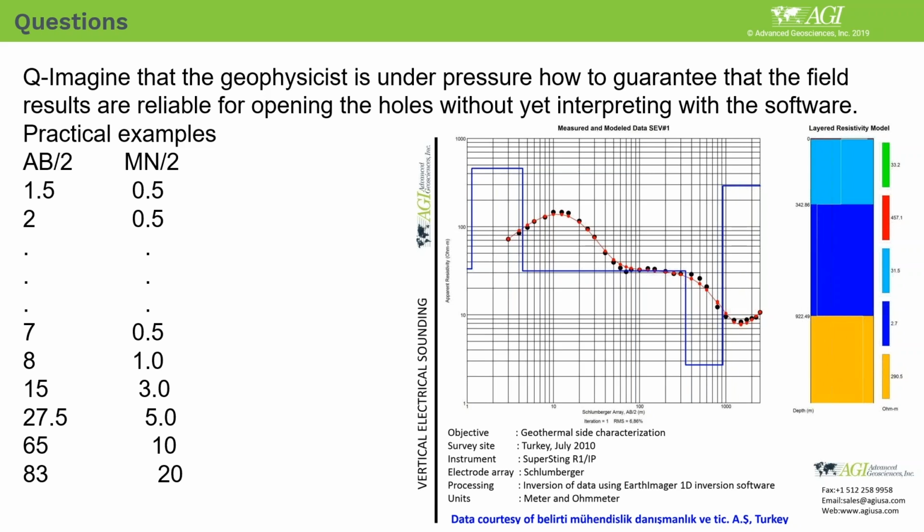If you're using the AGI power supply, that's the same as the battery. Instead of using a battery, you use the AGI power supply and just connect the generator. So the power source will be the same. It doesn't change, whatever you do, borehole resistivity logging or any others. Most of the time, the battery power supply will be sufficient.